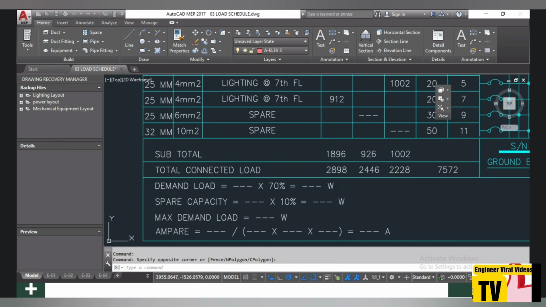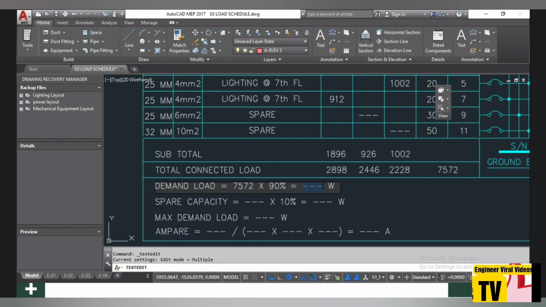See here, I will type 7572 multiplied by, suppose we search for a commercial building in our table and we find 90% for lighting.